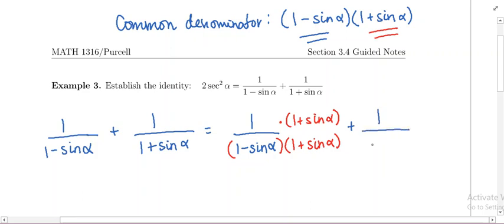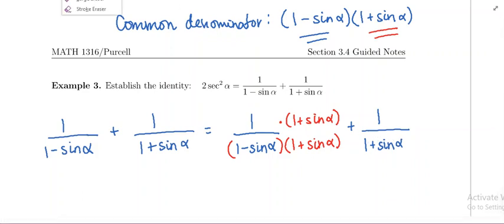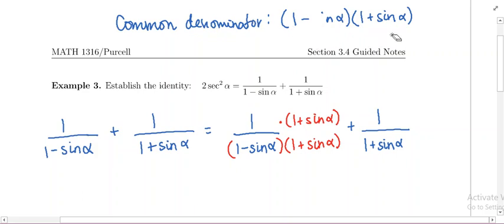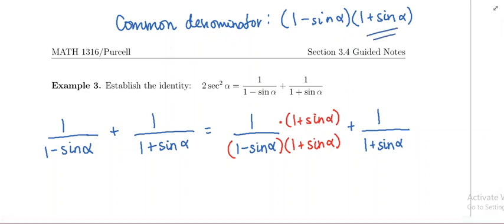Now we're going to take the fraction on the right, which is 1 over 1 plus the sine of alpha. Again, we need this fraction to have the correct denominator. This time the fraction has this part of the denominator. It has the 1 plus sine alpha. It is missing the 1 minus sine alpha.